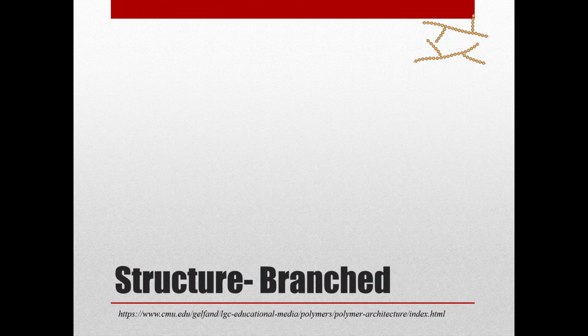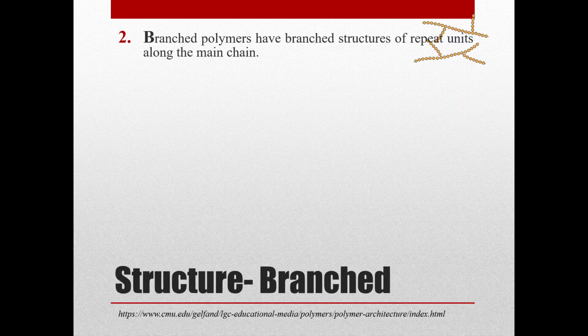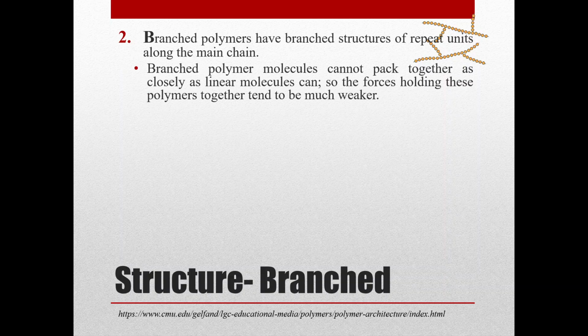So next we come to the branch structure, where we can see again the string of beads. If we look at the linear ones, now we can see that there are branches that are coming off the main chain. So branched polymers have branch structures of repeat units along the main chain. Branched polymer molecules cannot pack together as closely as linear molecules. So the forces holding these polymers together tend to be much weaker.